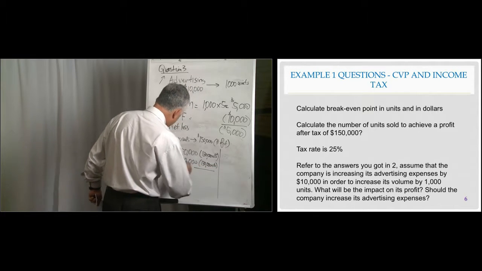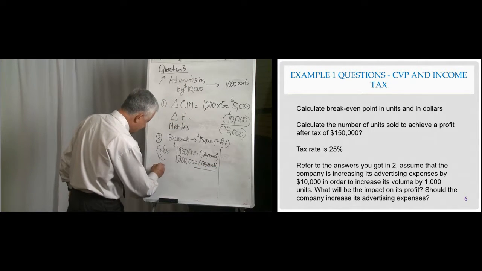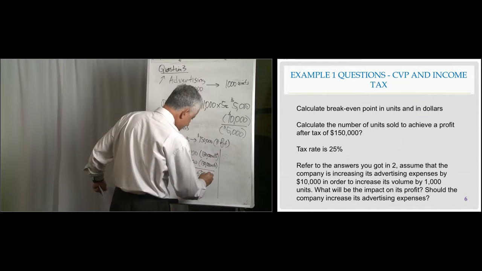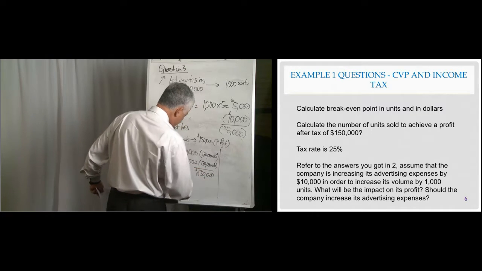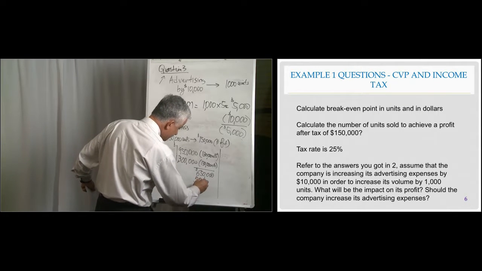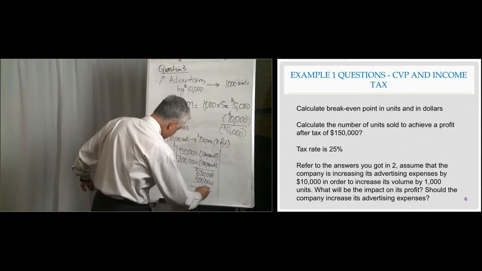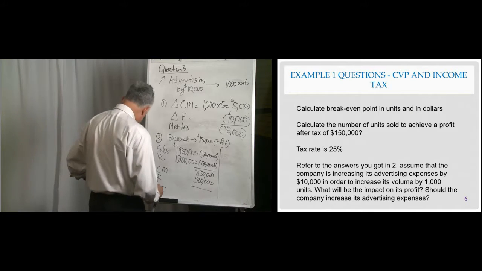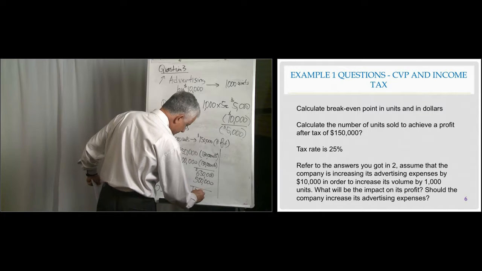Then our contribution margin, remember the difference between sales and variable cost is the contribution margin, CM, I'm abbreviating, is 650,000. And then the fixed cost, we know that is $500,000. That will yield our operating income. OI stands for operating income. I'm abbreviating, guys.